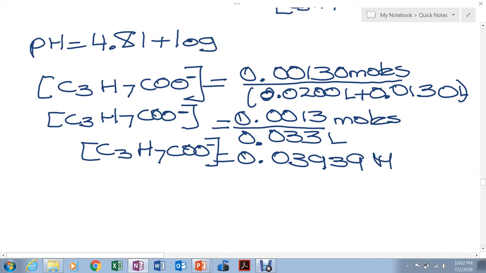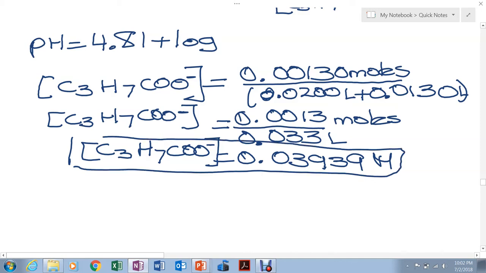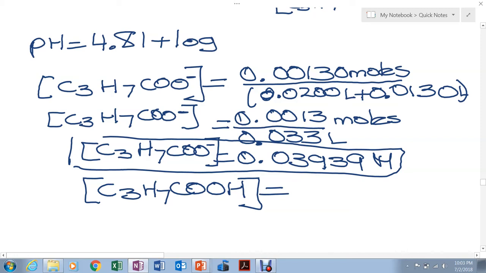Now this is the concentration of the base. Now we've got to find out also the concentration of the acid, which I'm going to show you how to do, but then you do it by yourself. Where do you get the moles of acid that you have present? You know they react already, right?